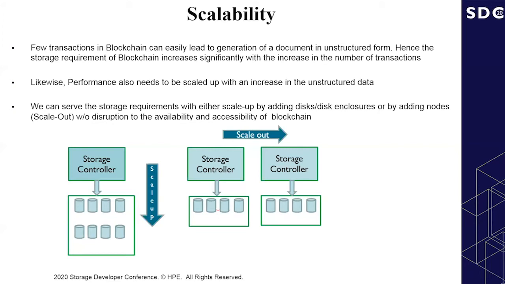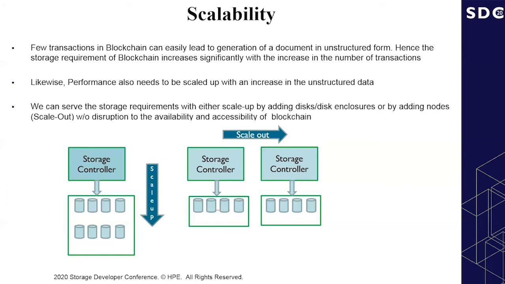Hence, the storage needs to be scale-out capable. Scale-out includes adding new nodes into the cluster and redistributing the data across these nodes. It adds additional disk storage and performance capacity, as well as additional RAM, CPU, and networking resources to increase the overall performance of the cluster.